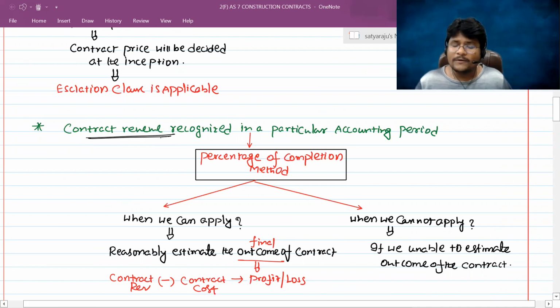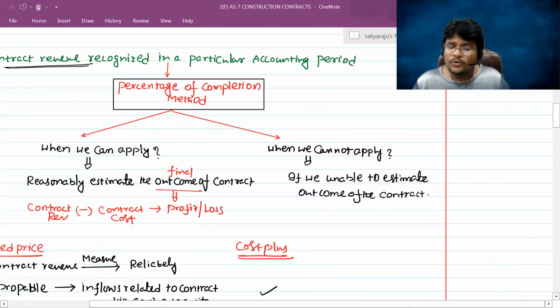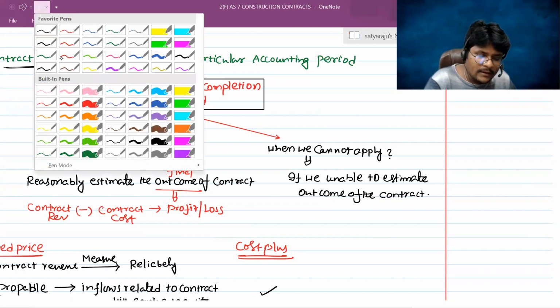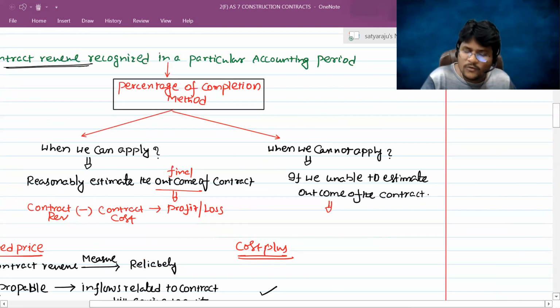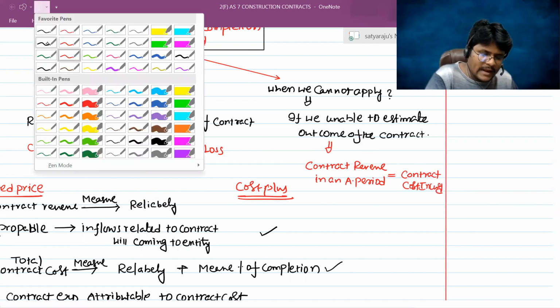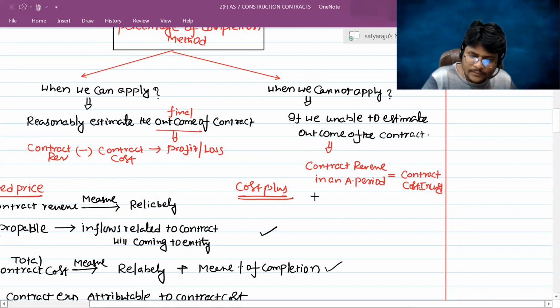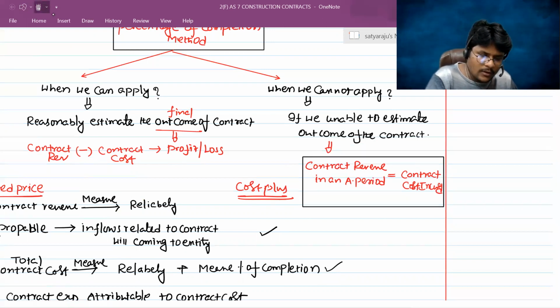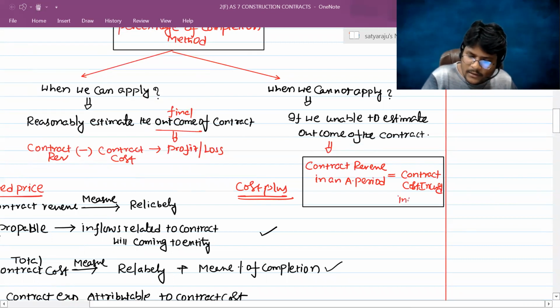But if you're unable to apply the percentage of completion method due to being unable to estimate the outcome of the contract, then contract revenue in an accounting period is equal to contract cost incurred in that period.